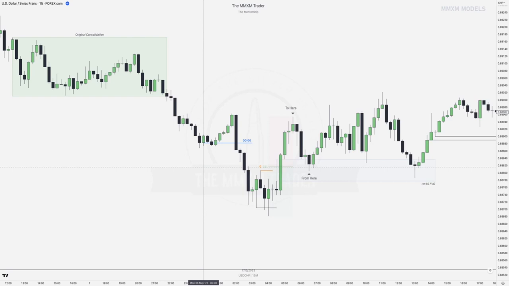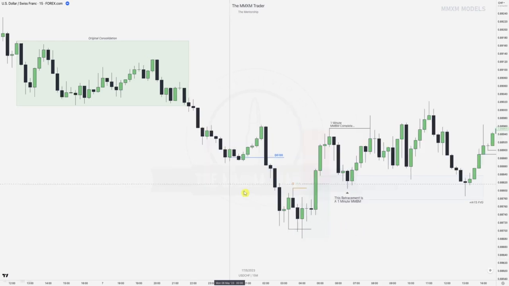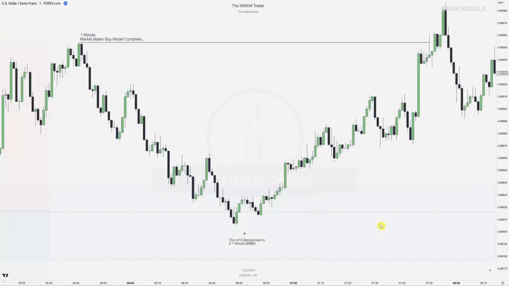If we go and dive into a 1-hour chart, that's the higher time frame for a 15-minute market maker buy model, and so on. So again, this retracement down here, that will be a 1-minute market maker buy model, right? We're dropping below New York midnight open price, so everything is lining up. Higher time frame is lining up, and now we dive into the 1 minute to scout for our setup.